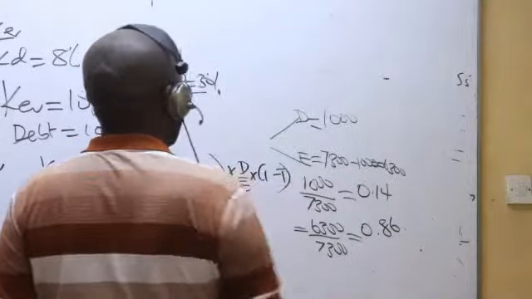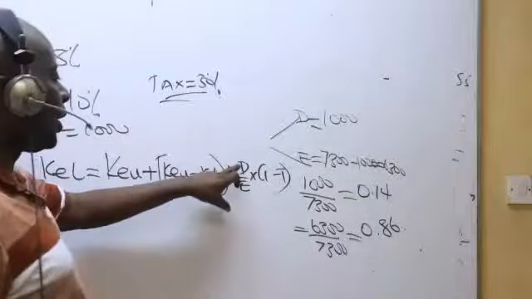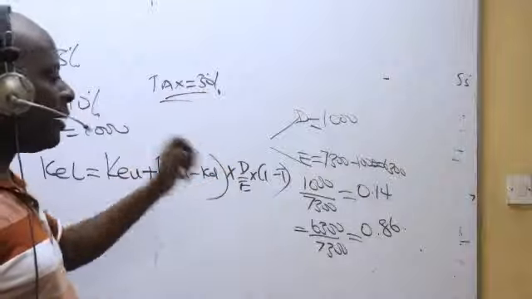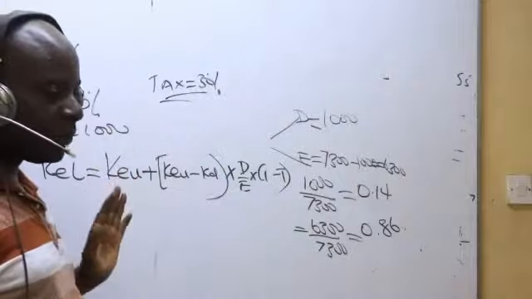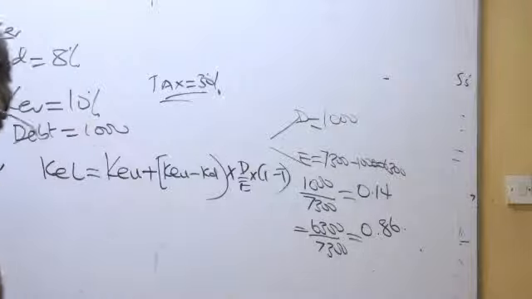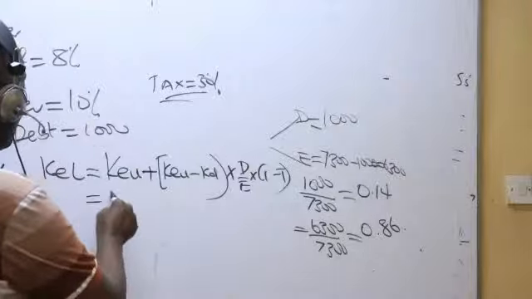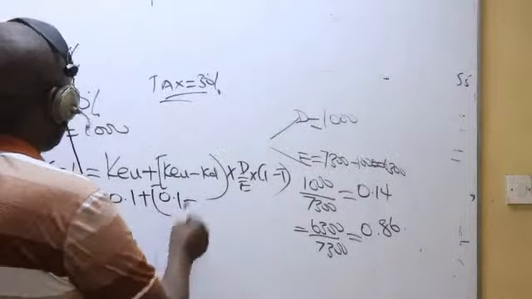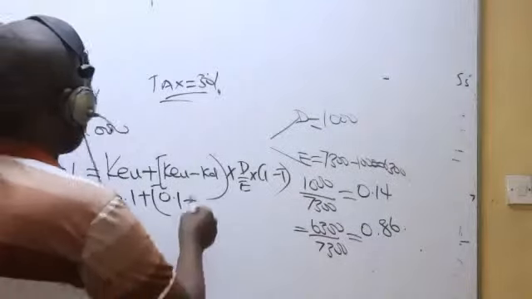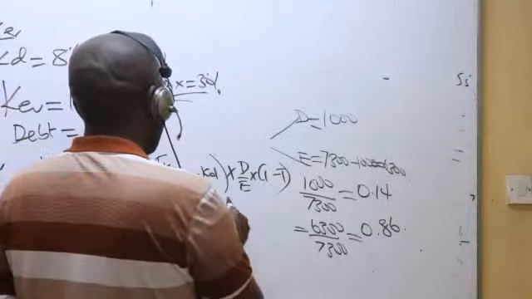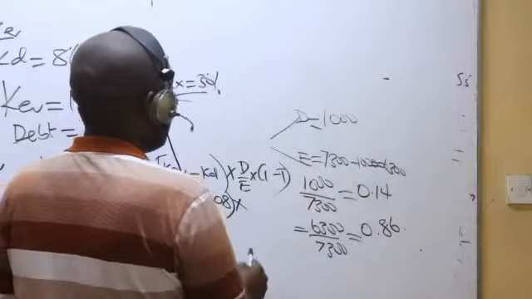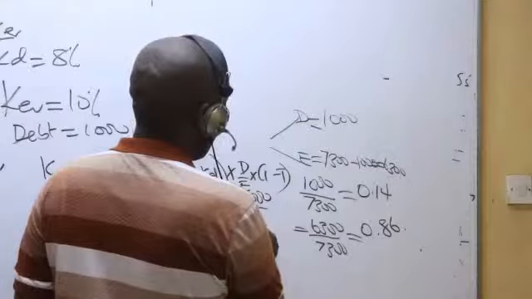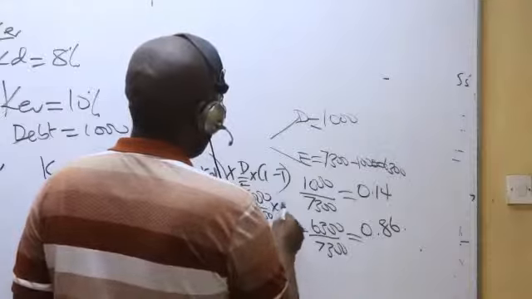And by the way, in your exam, at times the examiner may not give you the values here. If you're not given values, it's okay to use WD and WE. It's okay to work with weights. You'll get the same answers. So KU in this question is 0.1 plus, KU 0.1 minus KD, KD is given as 0.08, times debt, debt is 1,000, all over equity, 6,300, times 0.7.